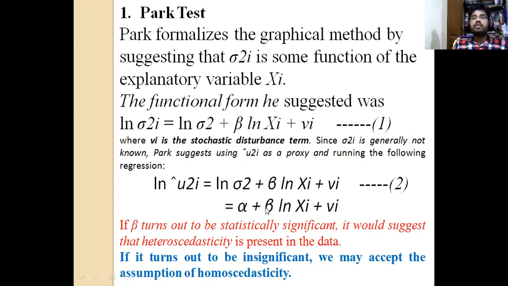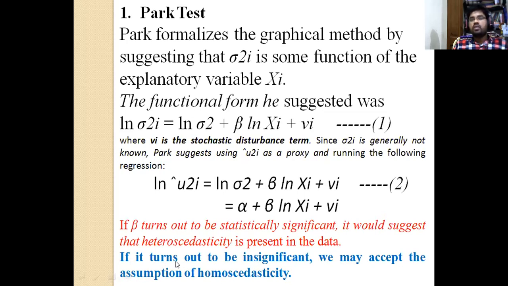When the beta value is present in the model for the variance of the error term, it means that the coefficient of x1 is influencing the error term. It means that the variance of the error term depends on the xi value. So there is a heteroscedasticity problem in our model.